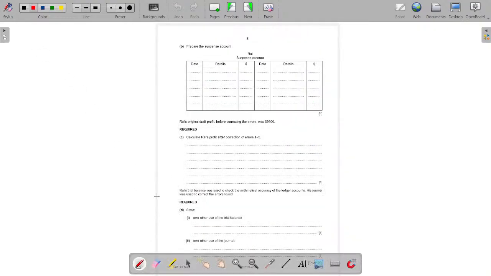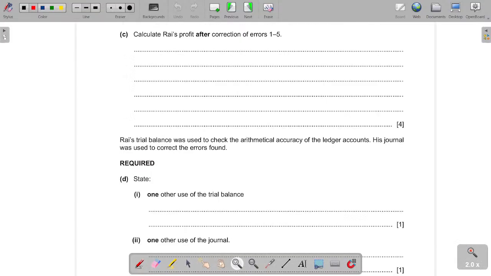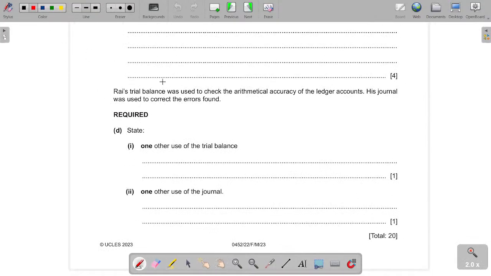Apart from that, Roy's trial balance was used to check the arithmetical accuracy of the ledger accounts. His journal was used to correct the errors found. Now state one other use of the trial balance. What is the use of trial balance?